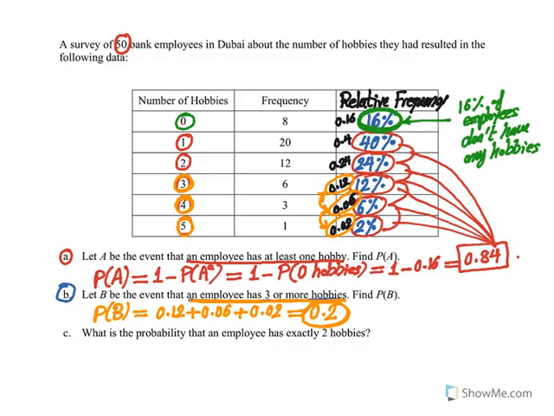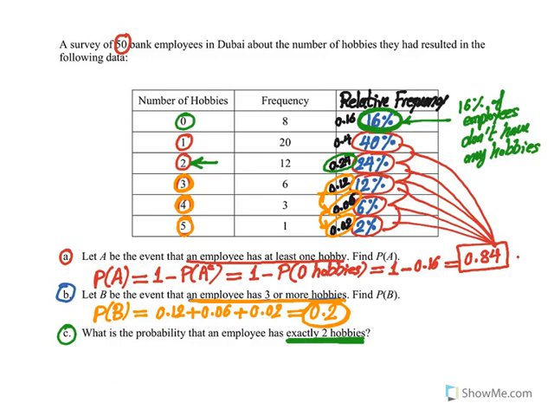Now, the last question is, what is the probability that an employee has exactly 2 hobbies? This is an easy question, because exactly 2 means that you have to look only at this. Exactly 2 hobbies, what's the percentage? It's here. It's 24%, which is 0.24.